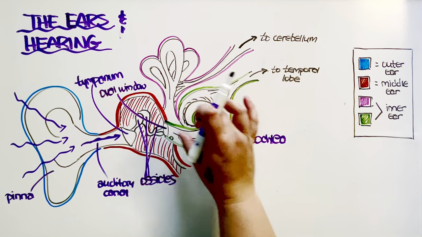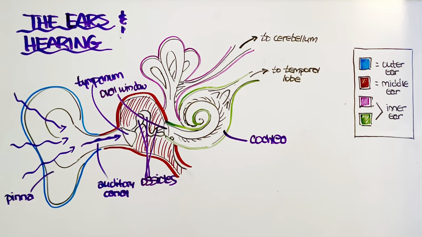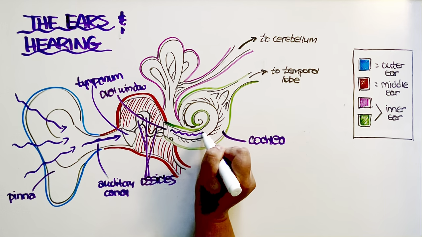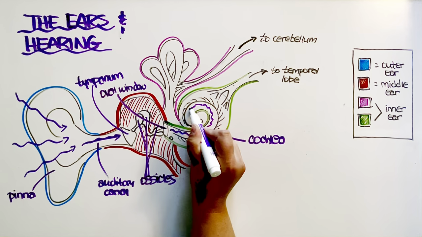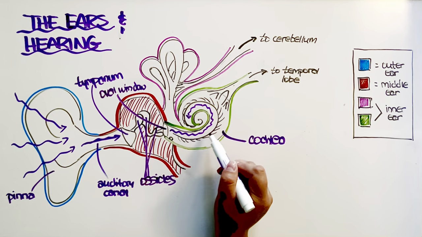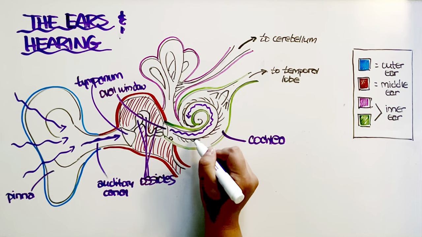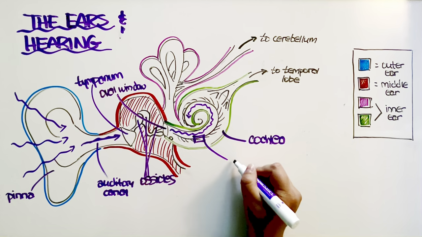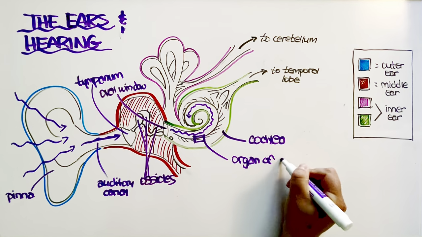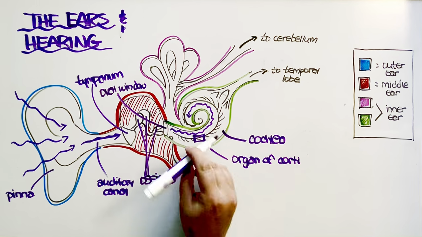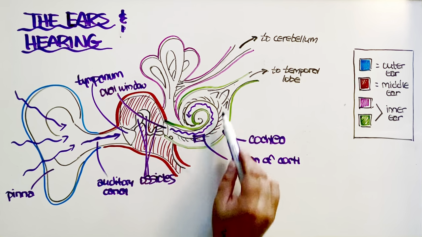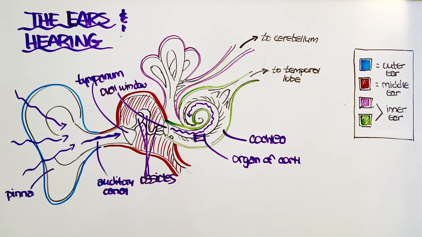Okay, so this entire long windy tube is the cochlea, and as it accepts changes in pressure, the fluid basically creates waves. And with each wave, these teeny tiny hair cells that are embedded in this structure here called the organ of Corti, those tiny little hair cells, they basically vibrate in response to all the waves that are going on in that fluid within the cochlea.